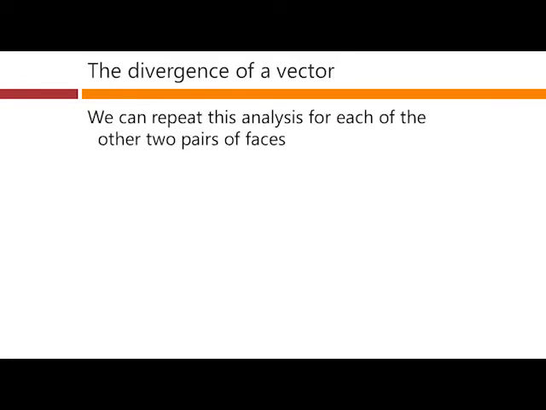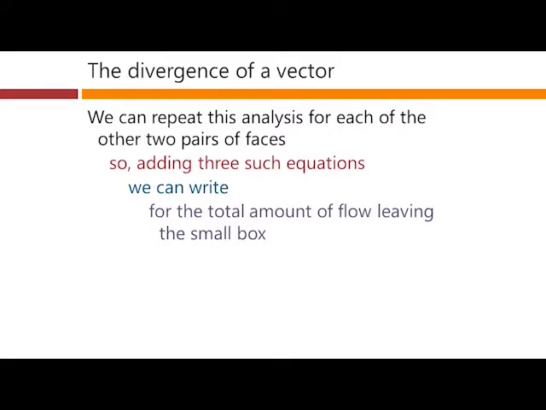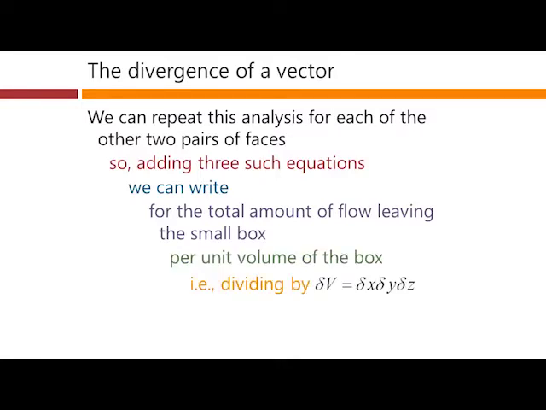We can repeat this kind of analysis for each of the other two pairs of faces of the box. So adding these three equations together to get the total flow, we can write the total amount of flow leaving the small box per unit volume of the box. That is, we're going to divide by the volume of the box, which is delta x times delta y times delta z.